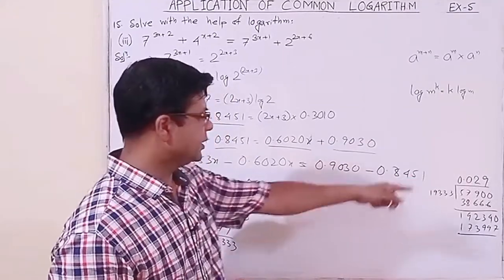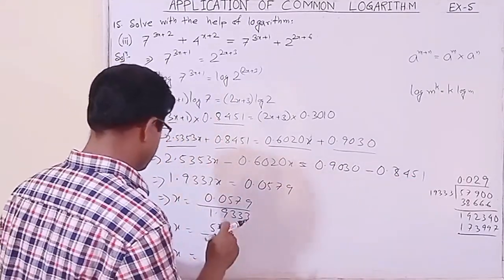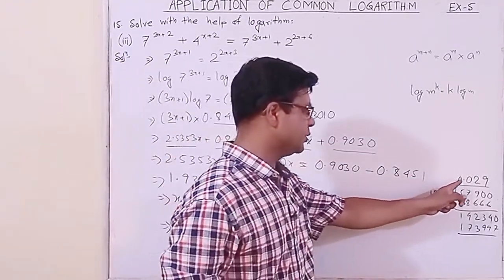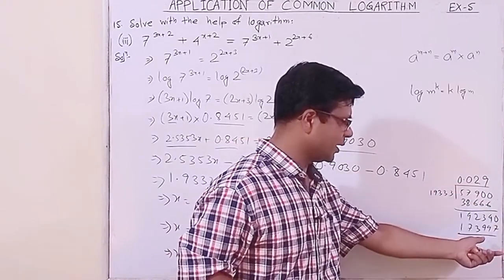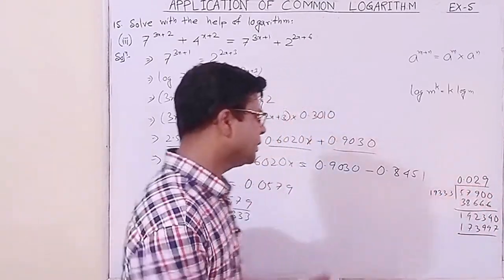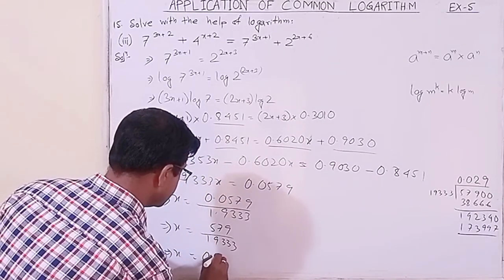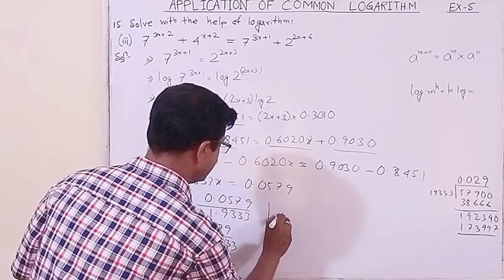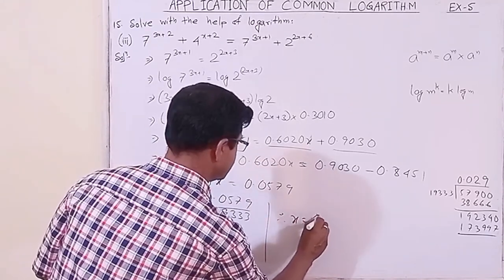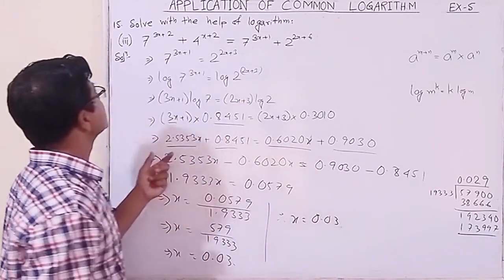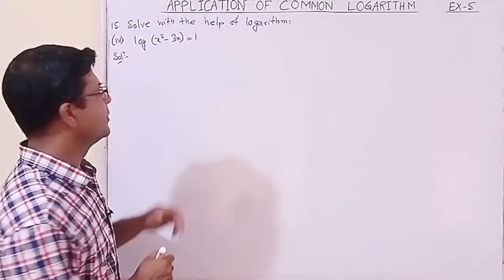After division we are getting 0.02, and approximately we can write the value as 0.03. Thus we have solved it, therefore x equals 0.03. Now let us move to number 4. Now we have taken number 4.